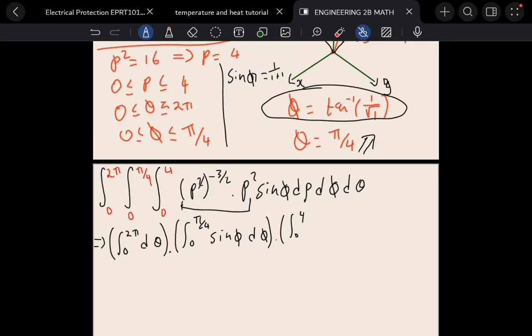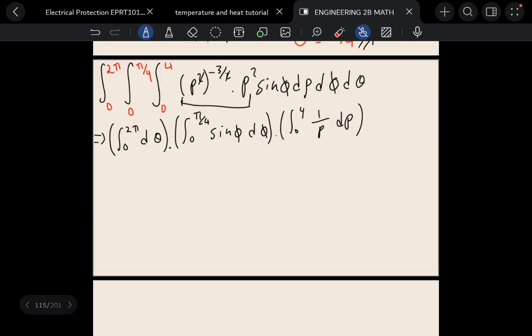This 2 and this 2 will cancel out. I'm going to have rho to the power minus 3 times rho squared, which is rho to the power minus 1, which is 1 over rho, d rho. Yeah, it's dp or d rho, it doesn't matter.